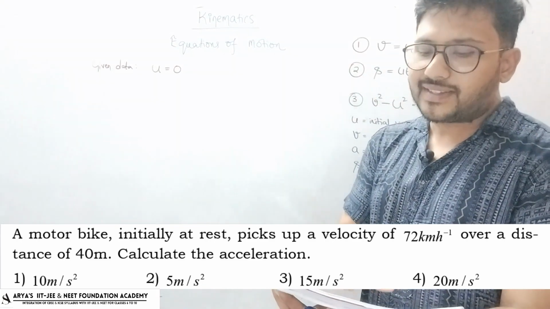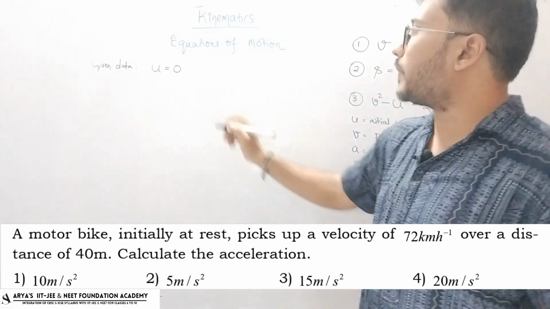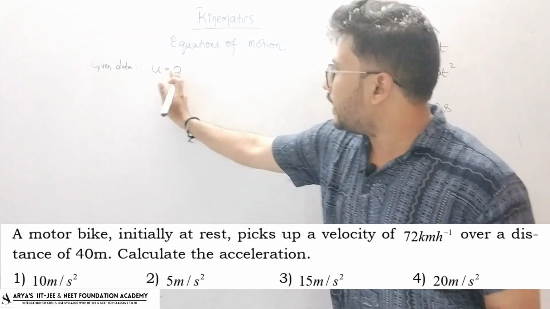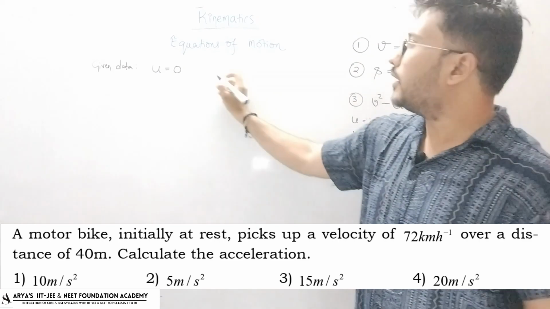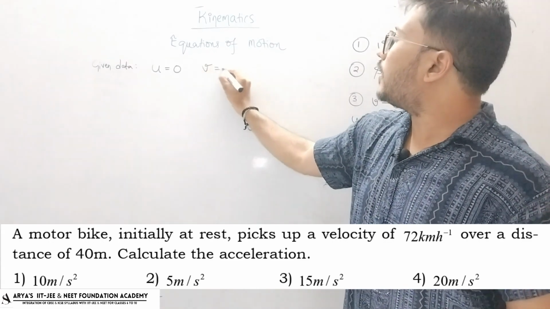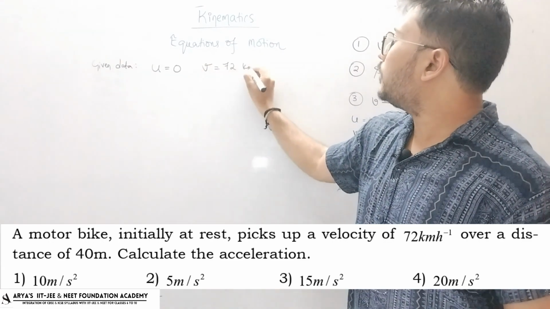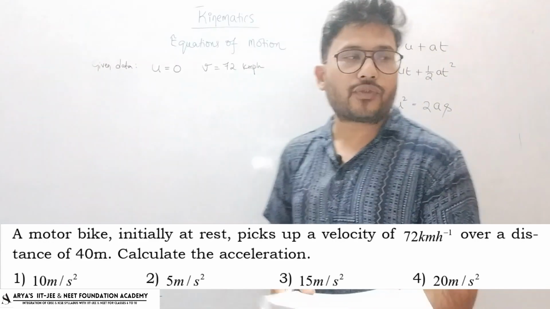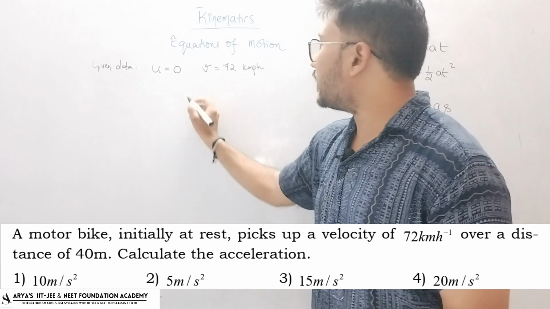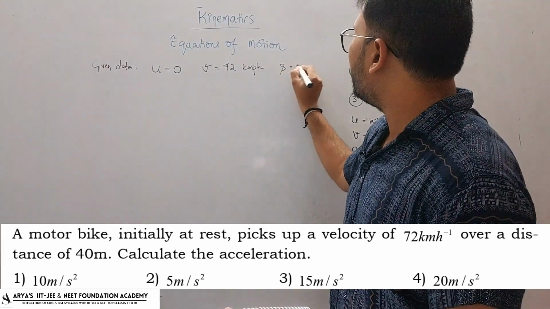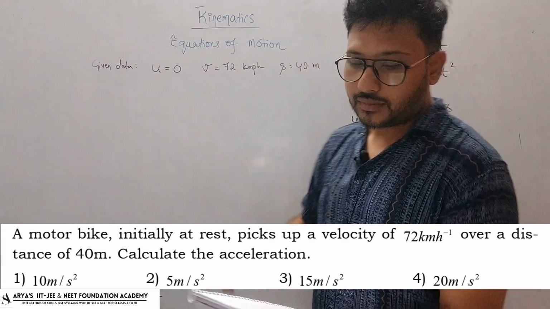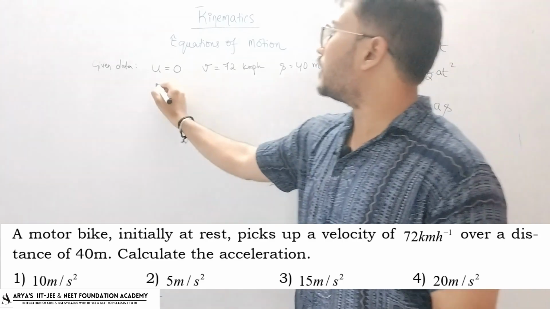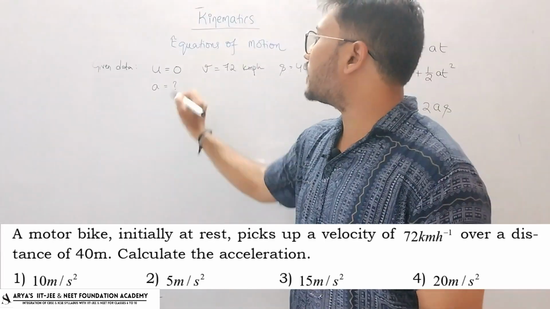Then it picks up velocity 72 km per hour. So from 0 it is moving forward, so final velocity is 72 km per hour over a distance of 40 meter. Distance, S value is equal to 40 meter. Calculate acceleration. A is equal to question mark.